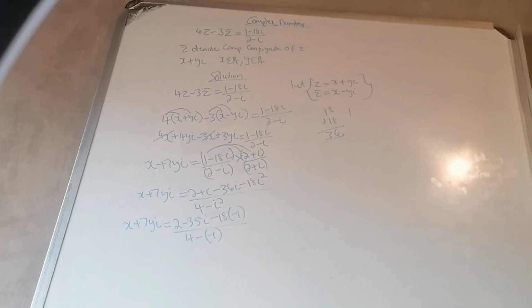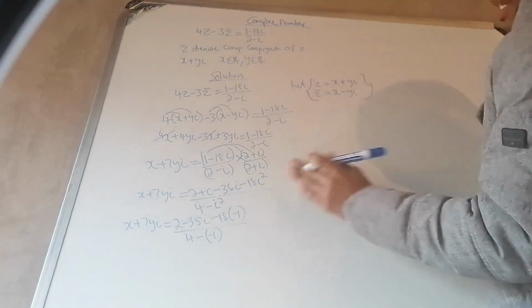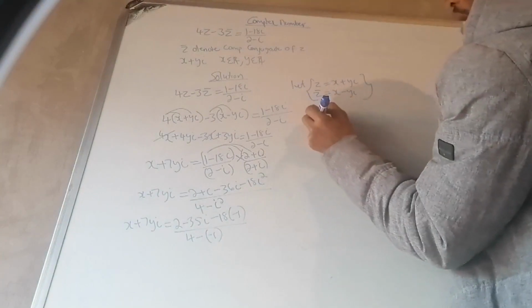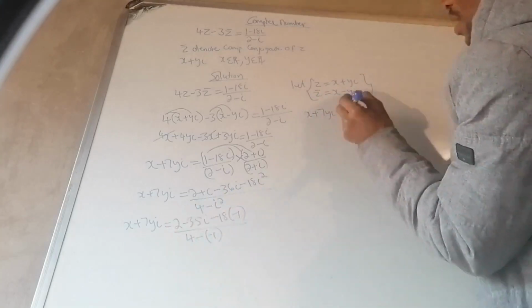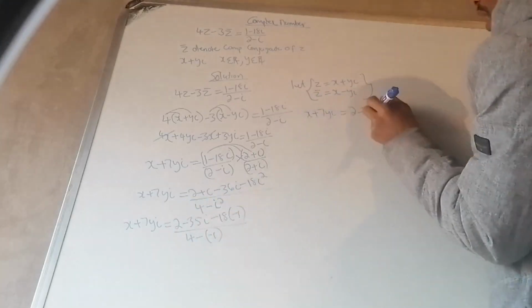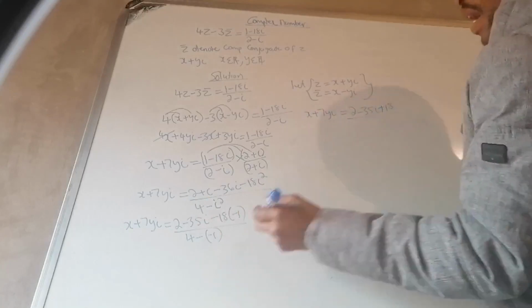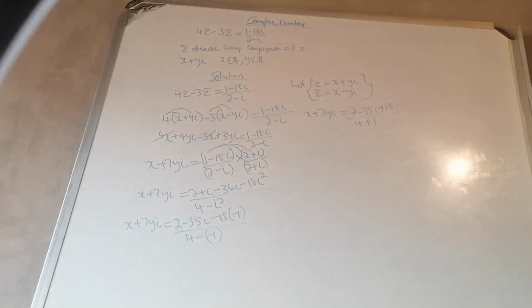Now I'm going to take this to this side. x plus 7yi equals 2 minus 35i plus 18, divided by 4 plus 1.